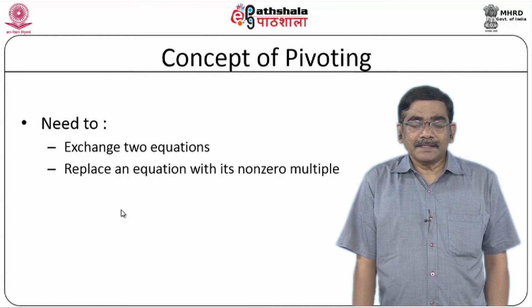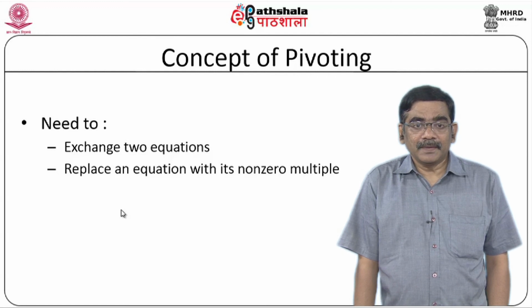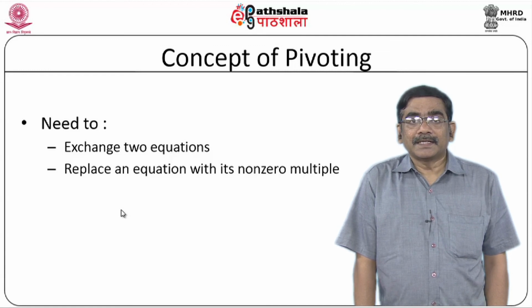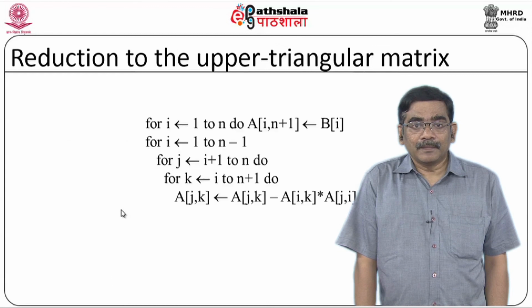In some cases problems may come, for example, the coefficient may be 0, and sometimes the number will be very small. In that case, if we substitute that into the elementary operations, it may yield large numbers. So we go for the concept called pivoting, where we exchange the equations, or replace the equation with a non-zero multiple.